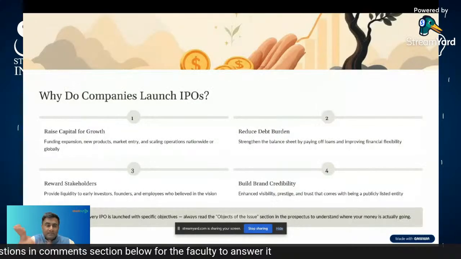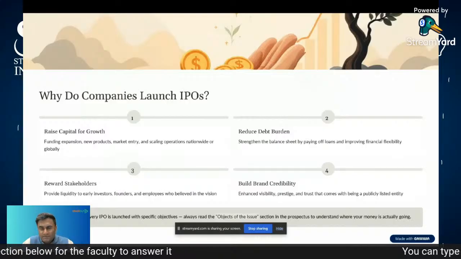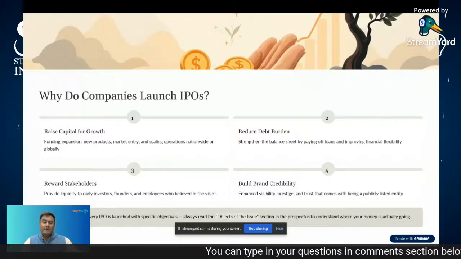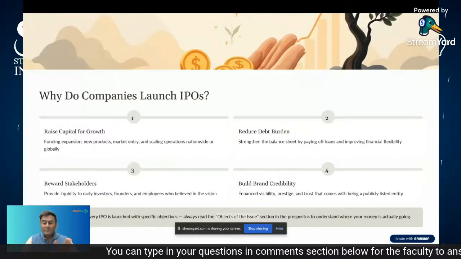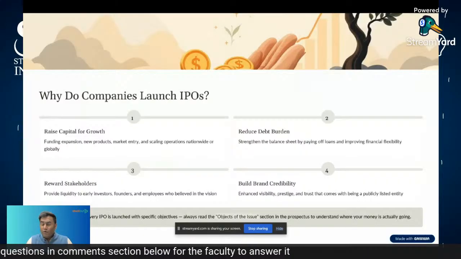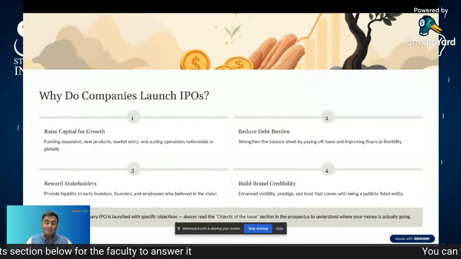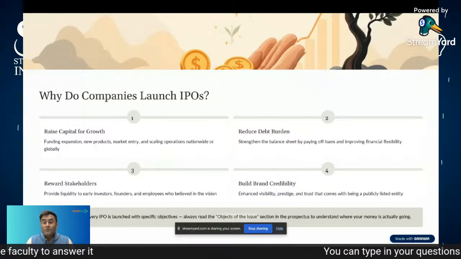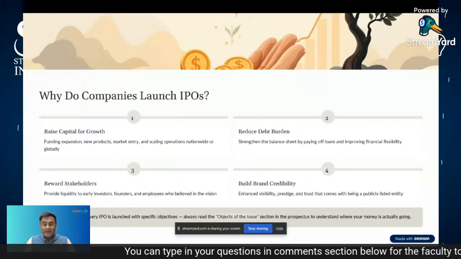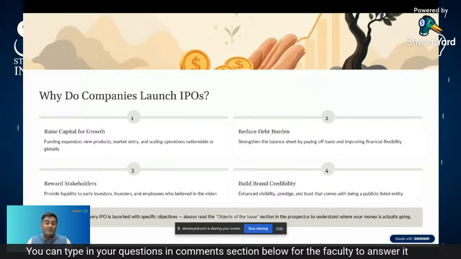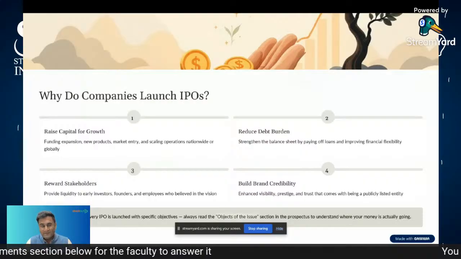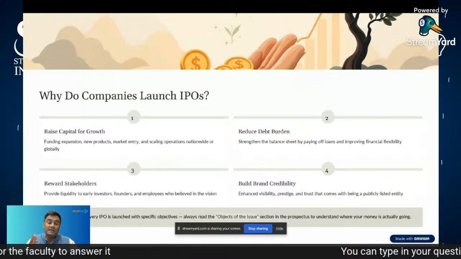So why do companies launch IPOs? Raise capital for growth. There could be many reasons, friends. All of them might not be the best case scenarios from an investor's point of view. So you have to understand which of these scenarios suit you the best. The first case is raise capital for growth.